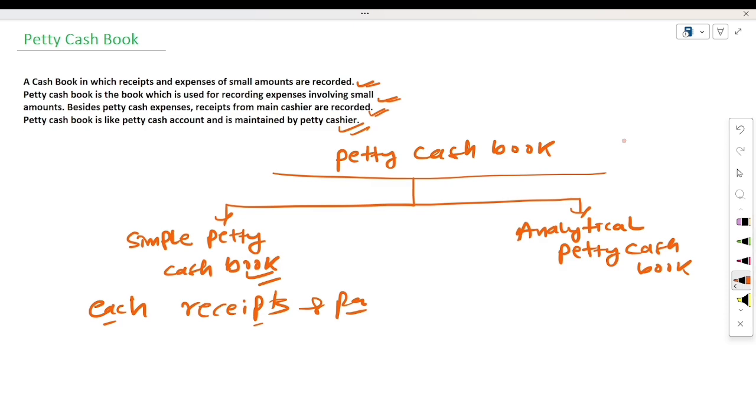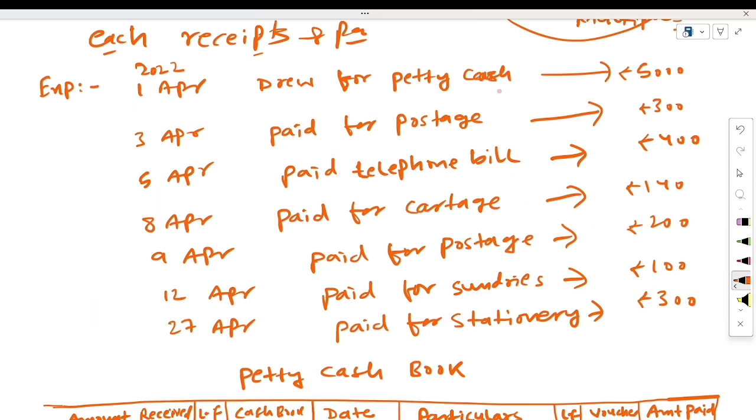And in the analytical petty cash book, there will be multiple columns for payments, not for receipts. The receipt column will be only one, but for payments there will be multiple columns. This is the analytical petty cash book. From an examination point of view, generally an analytical petty cash book question will be asked, not a simple petty cash book question. Here is a question we have taken.